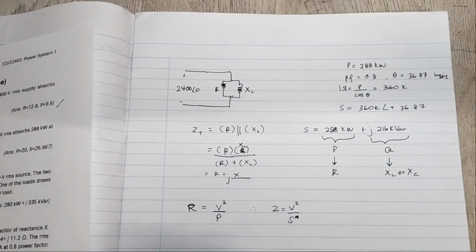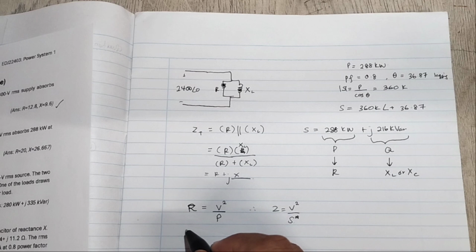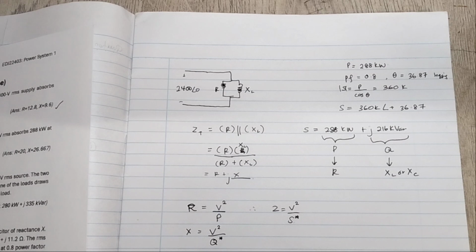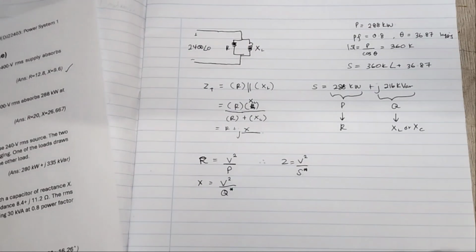Yeah. So in terms of R, S2 adalah P, and in terms of X, S2 adalah Q. Okay, macam tu. So R dulu, okay. Okay, R dulu.